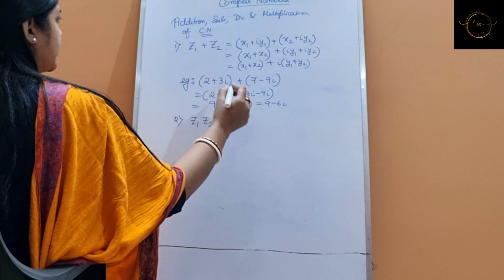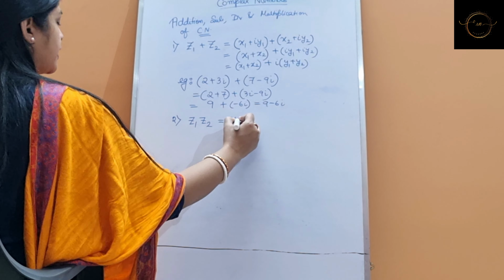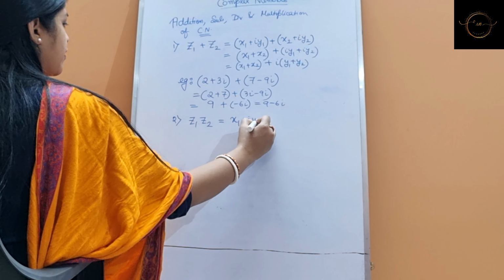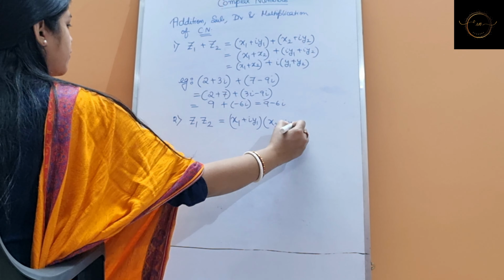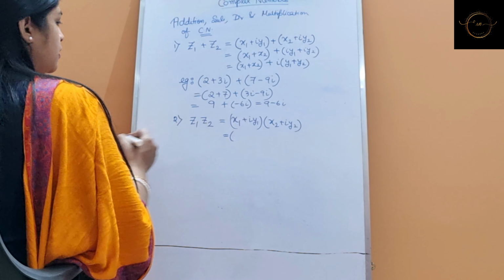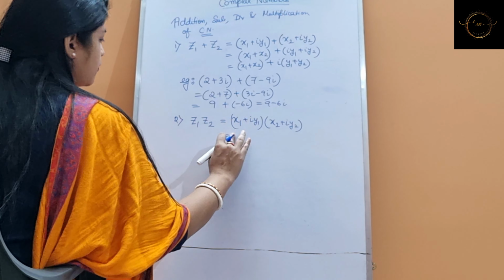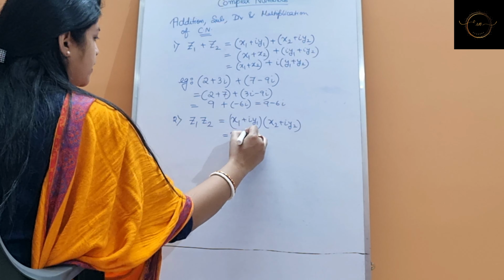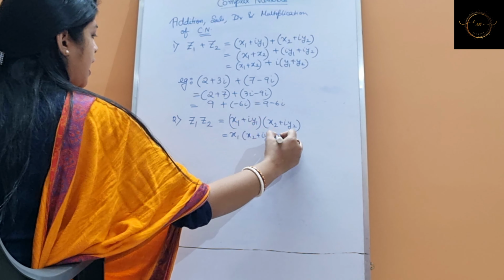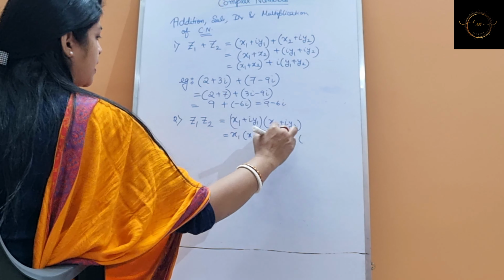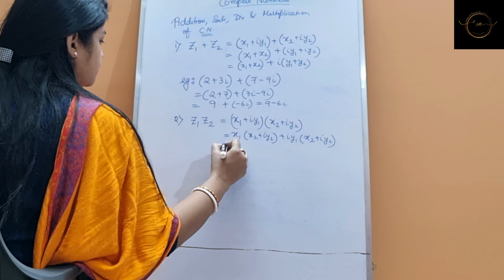Coming to the next property of complex numbers, that is multiplication, and this is equal to z1 into z2. So this will be equal to x1 plus i y1 into x2 plus i y2. Now we know that when we multiply with x1, we will multiply this whole expression x2 plus i y2, and with i y1 we will again multiply this expression x2 plus i y2.